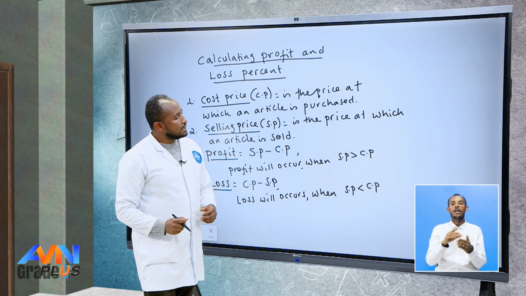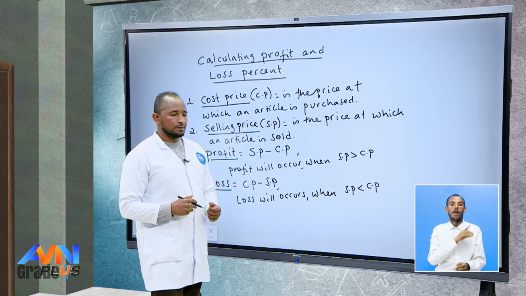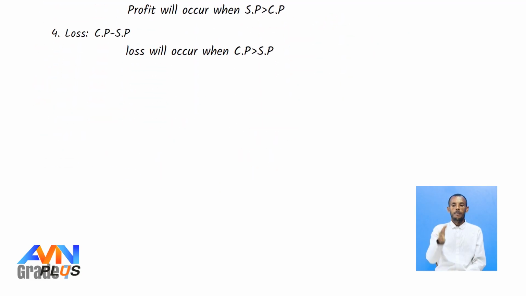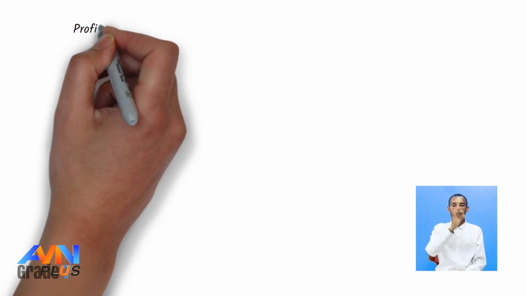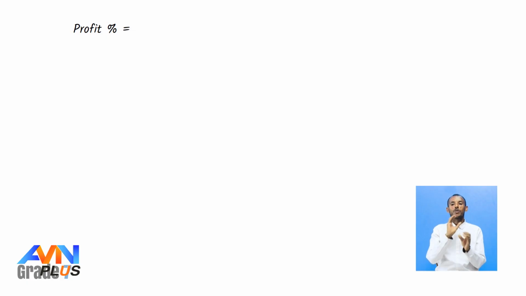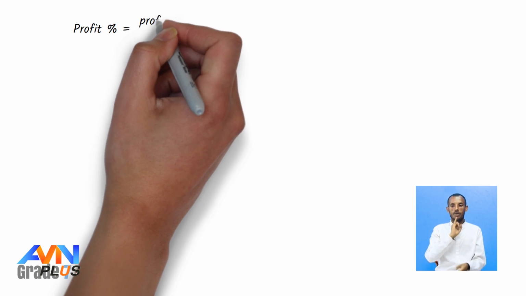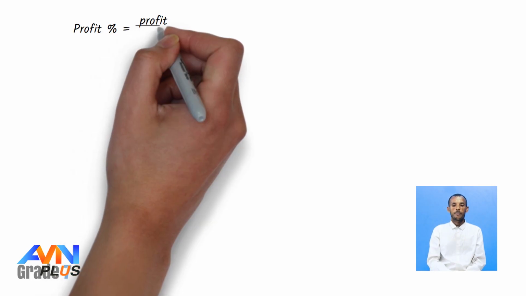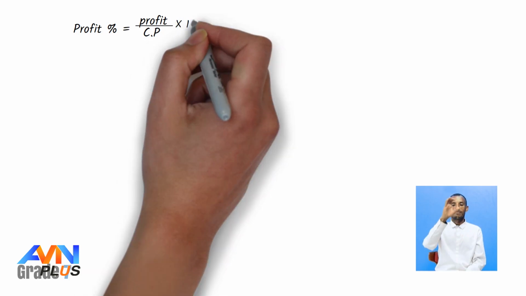Now, let's see how to calculate a profit and loss percent. Profit percent. To calculate profit percent, what you do is simply you divide the profit amount by the original cost or cost price, and then you multiply this by 100% to convert it into percent.